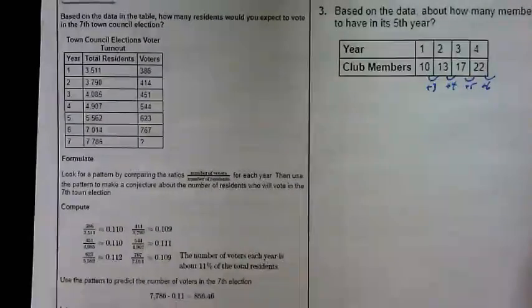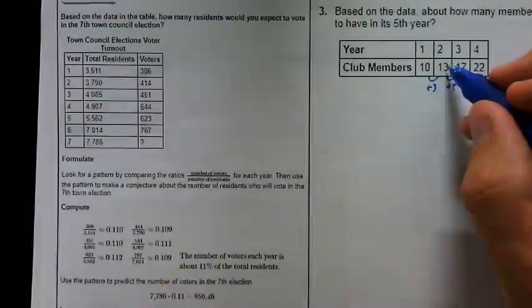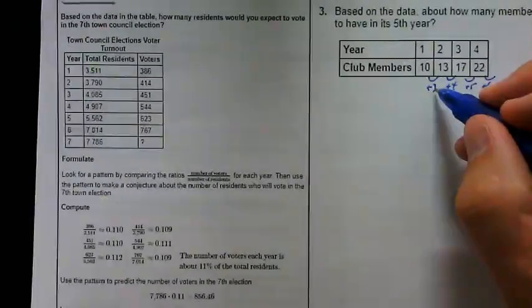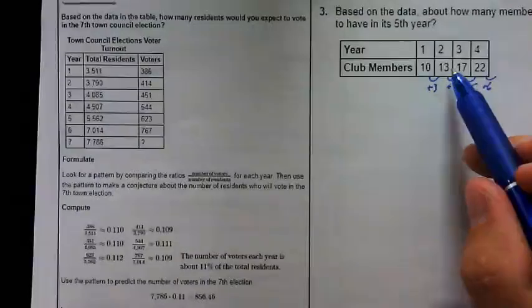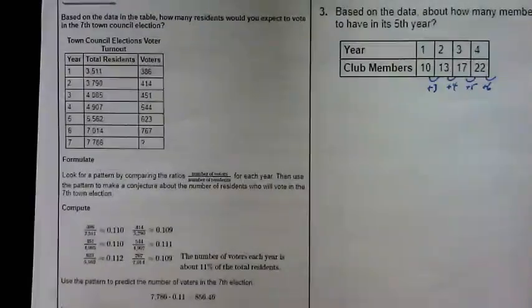Then each year after that, so in year 2, I had to add 3, right? So I'm going to add to this the number of the year I'm in plus 1 maybe. Let's see. Will that hold true for everything?